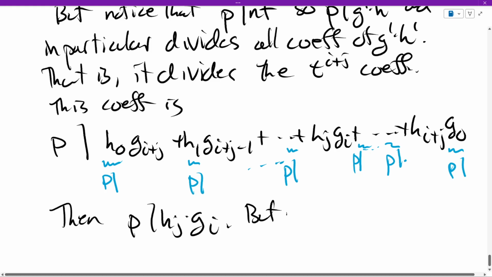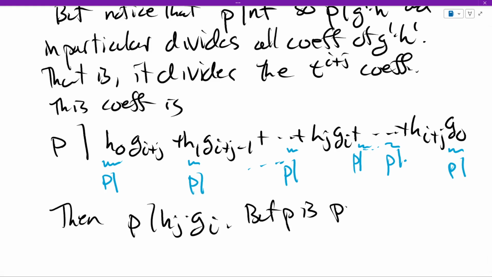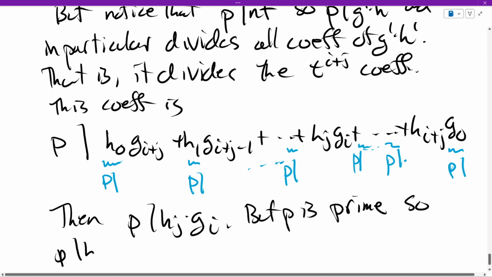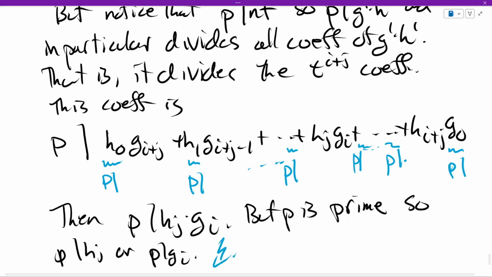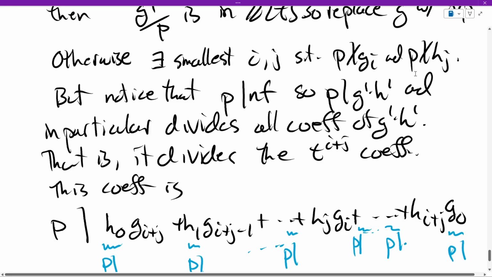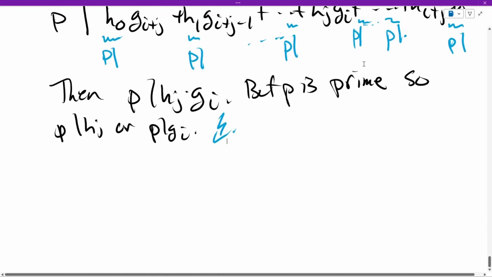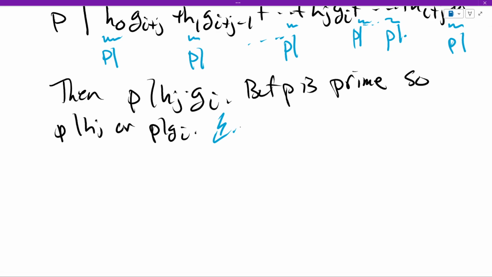But p is prime, and Euclid's lemma from number theory tells us p must divide one of them. And this is our contradiction. It's a contradiction, of course, because we assumed that it doesn't divide either of them. All right.